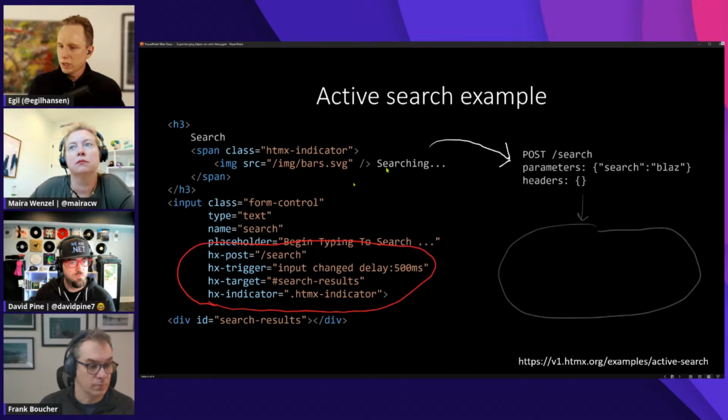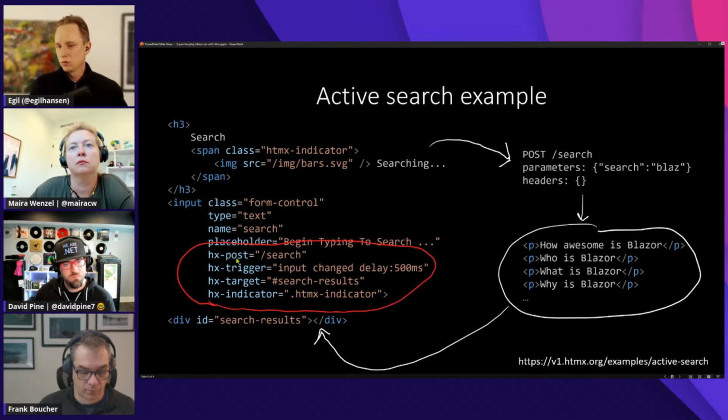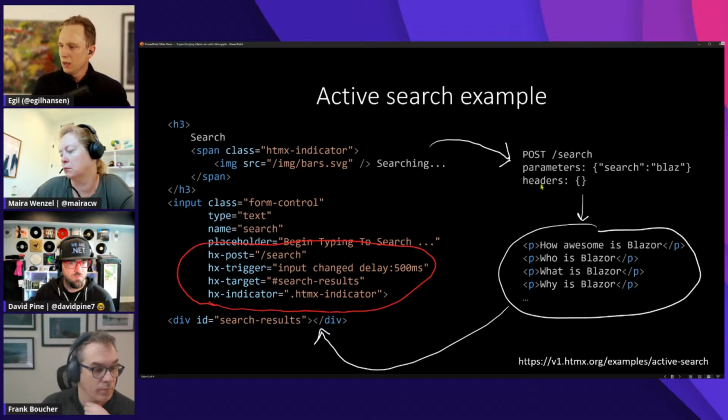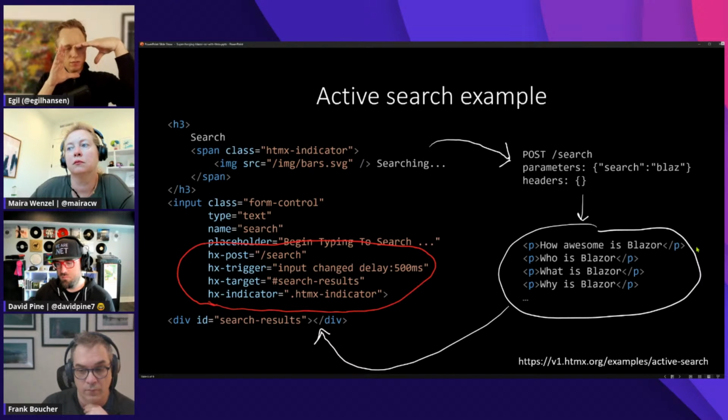So what happens? Well, when Htmx decides to push a request, it'll do an HTTP post to the search endpoint. It will include the parameter, in this case, the input that was put into the input box, in the headers or in the body, and then the server can just produce the fragment that needs to be placed back into the result.